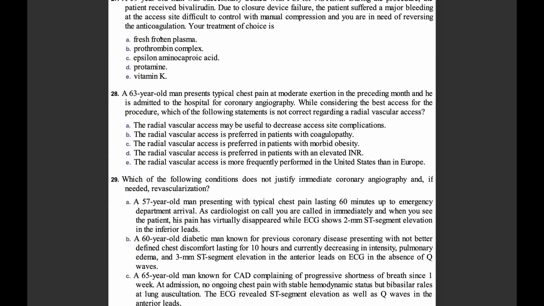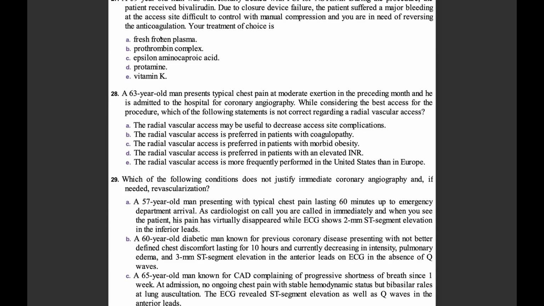Patients in whom radial access is used tend to ambulate faster, so they tend to be discharged earlier than patients in whom the transfemoral approach is used.